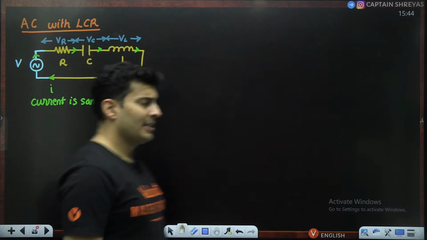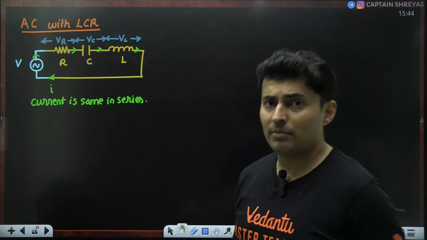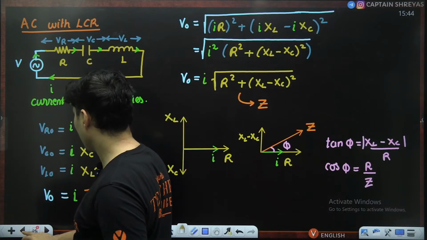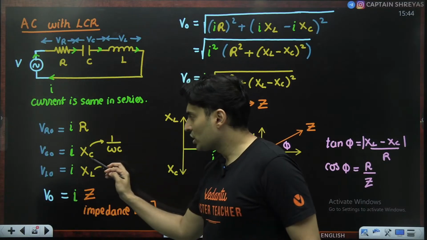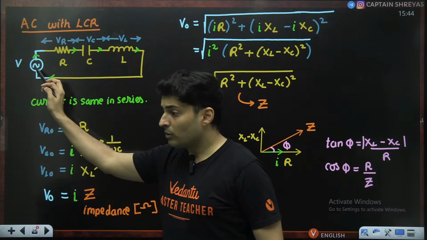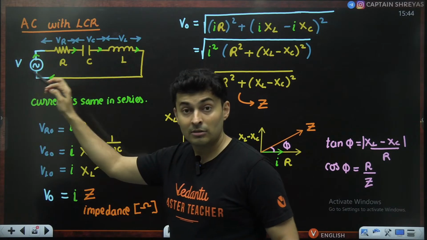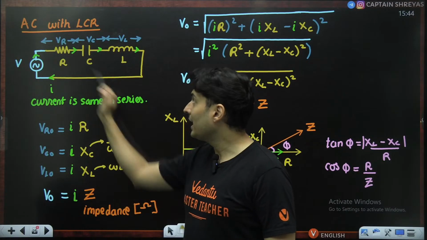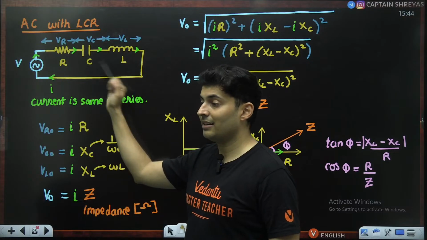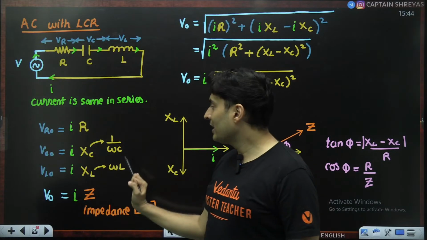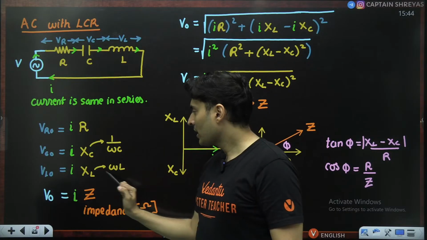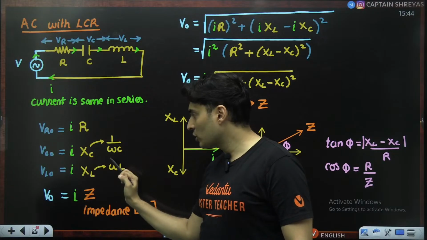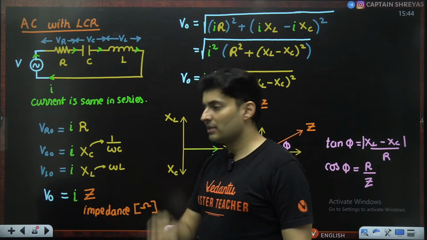Now, there is a very interesting thing which happens when you realize that if I change the frequency of the AC source, just imagine the speed of rotation, the frequency, I can change the reactances of the capacitor and inductor. If I increase the frequency, then the inductor's reactance will increase, whereas for the capacitor, because omega is in the denominator, the reactance will decrease.